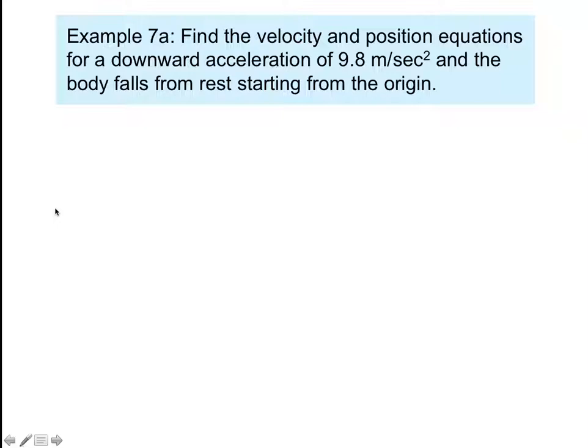So we're going to reverse that process. We'll start with acceleration, take the antiderivative to get the velocity, and then take the antiderivative again to get the position. The acceleration is 9.8 meters per second downward, so we can say our acceleration function is negative 9.8, negative meaning down.